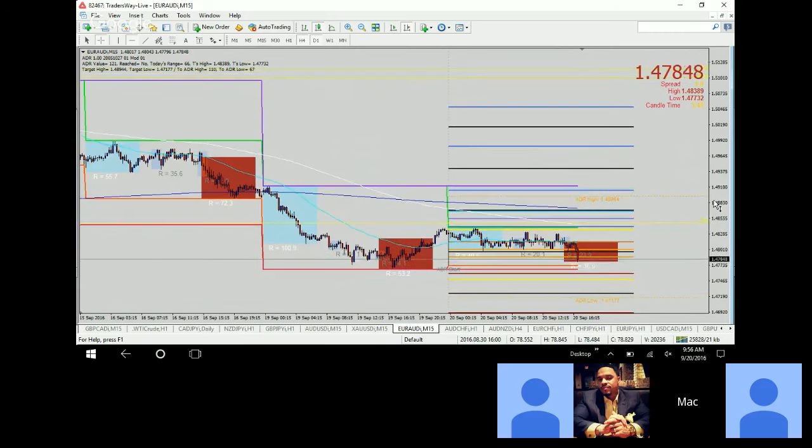I'm gonna set a sell stop on Euro AUD underneath yesterday's low. 1.4760. You know what? Let's just leave this one alone for now. The stop loss will be too high. So leave this one alone for now.